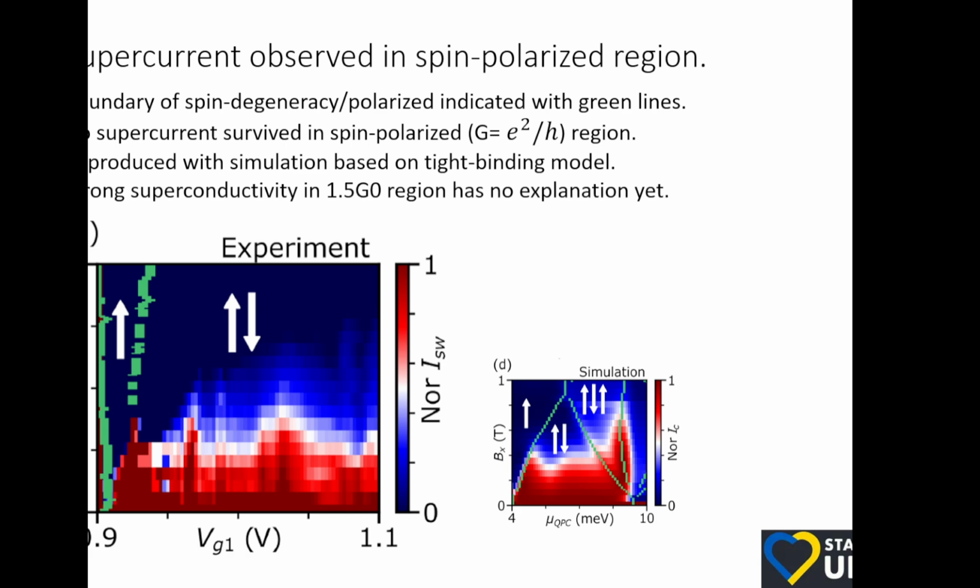Okay, so it's a very big topic that I have not touched upon in this lecture, but many people chase triplet supercurrents and triplet superconductivity, right? The most famous example is that Majorana is actually a triplet superconductor that generates Majoranas.